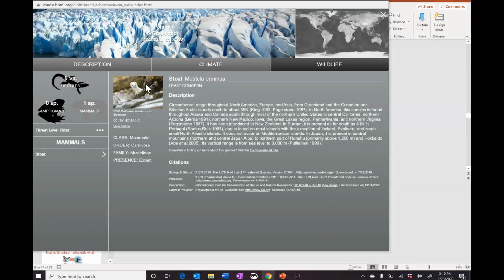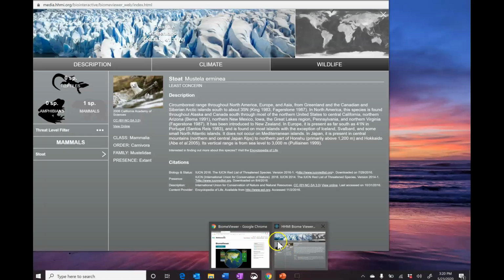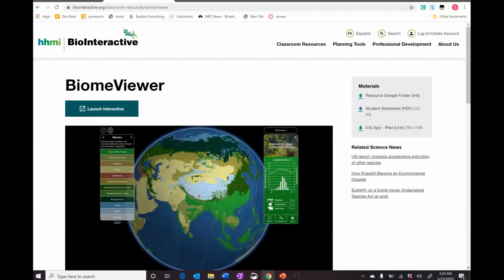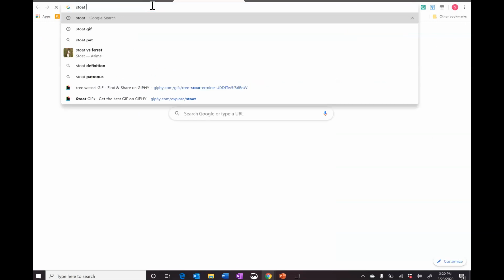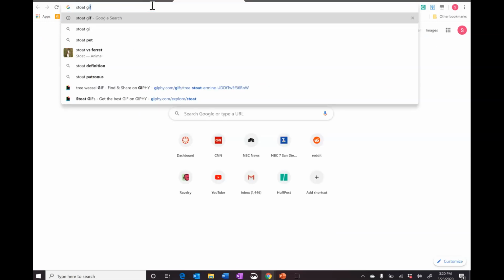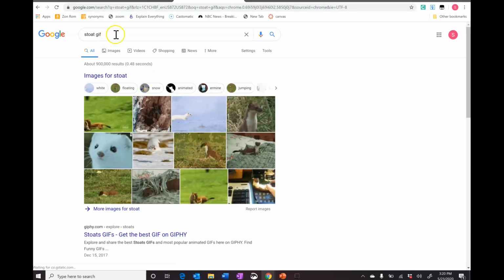Well, that animal is as cute as it gets. It wins the show. I now have to show you how cute a stoat is. Let me see if I can find it. They're also called winter weasels. And they're really, really cute.